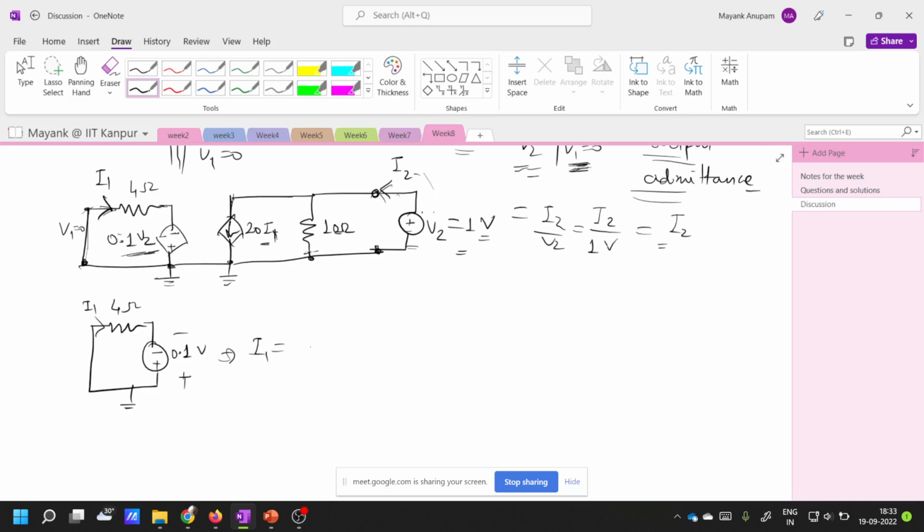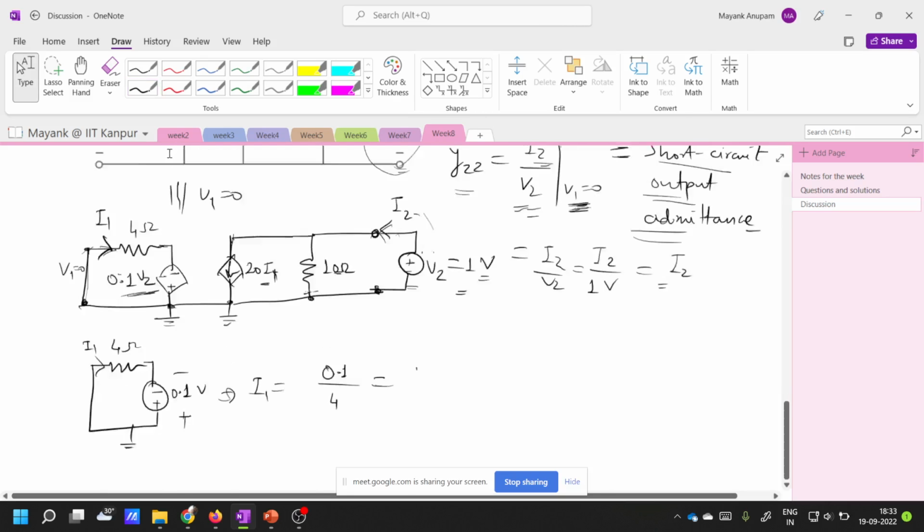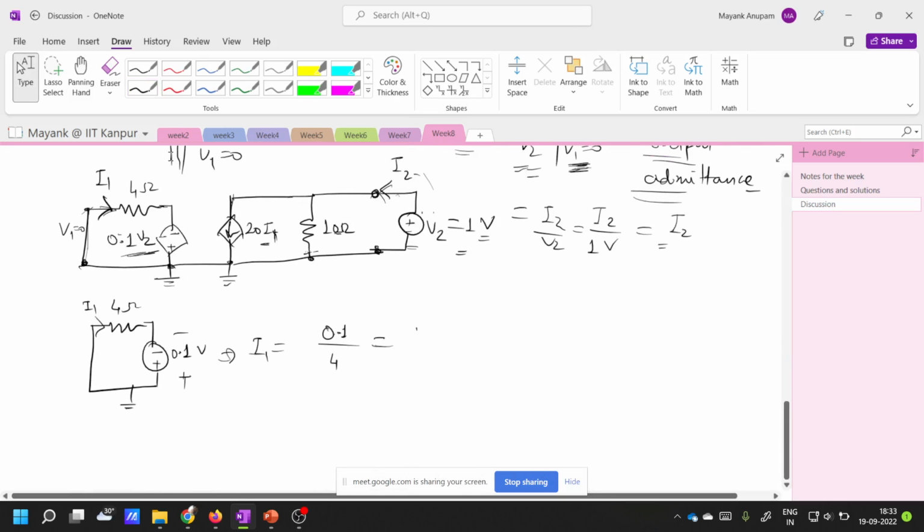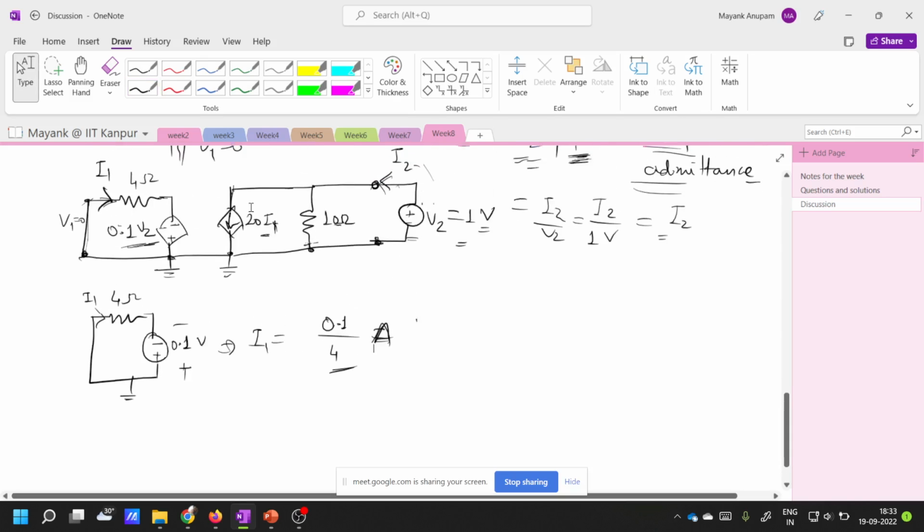I1 is equal to 0.1 divided by 4, right? So what will it be? Let's leave it like this only for now. This is this much ampere, right? So I1 is this much.